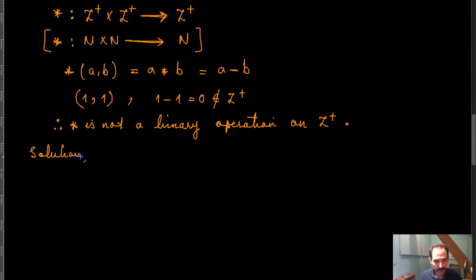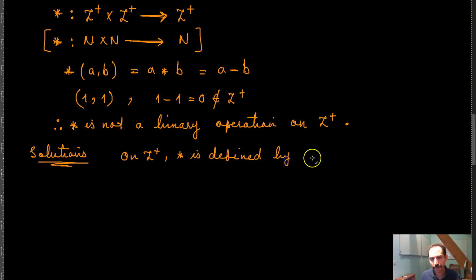The solution tells me that on Z plus, star is defined by a star b is equal to a minus b. It is not a binary operation.